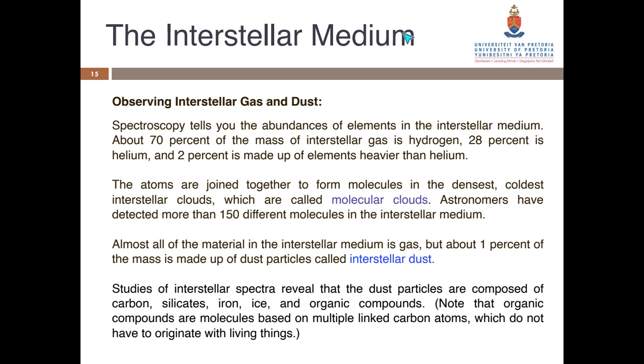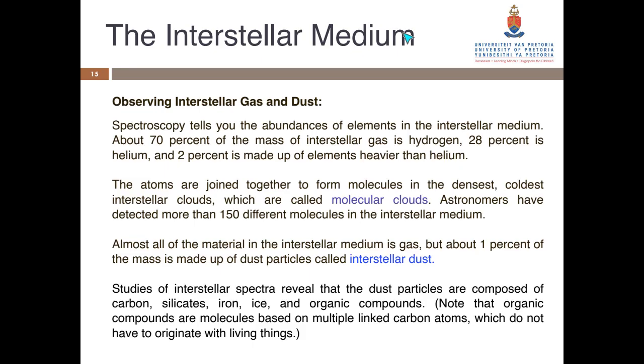Spectroscopy tells you the abundances of elements in the interstellar medium. About 70% of the mass of the interstellar gas is hydrogen, 28% is helium, and 2% is made of elements heavier than helium. The atoms are joined together to form molecules in the densest, coldest interstellar clouds, which are called molecular clouds. Astronomers have detected more than 150 different molecules in the interstellar medium.